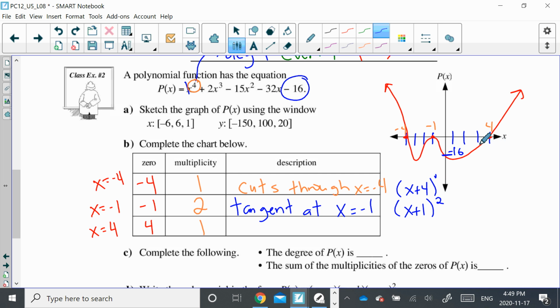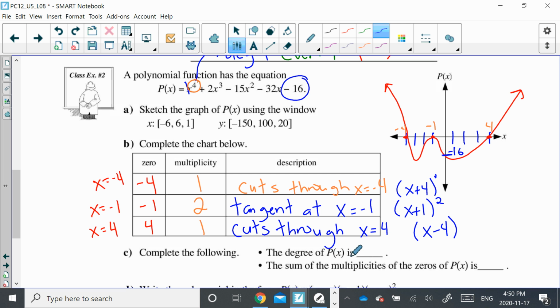This 0 here cuts through x is equal to 4. The factor would be x minus 4, and I know that the multiplicity is 1. When it cuts through, the multiplicity is always going to be 1.